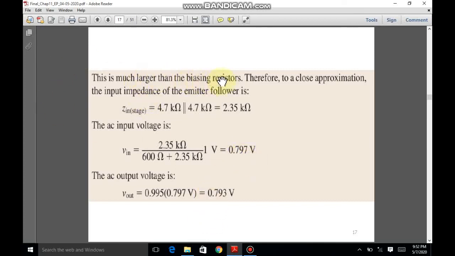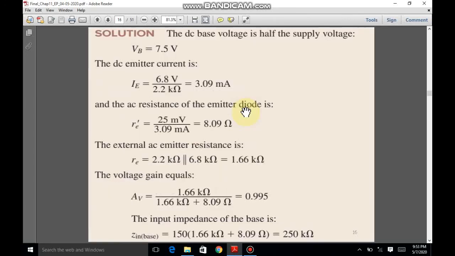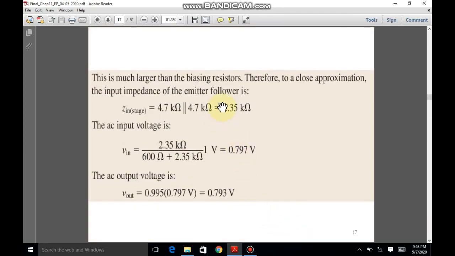This is much larger than the biasing resistors. Therefore, to a close approximation, the input impedance of the emitter follower, Z in stage, will be 4.7k parallel 4.7k, that is 2.35k. We know that even if we put the exact values, that is 250 kilo ohm parallel 2.35, we are going to get a value near 2.35 kilo ohm.